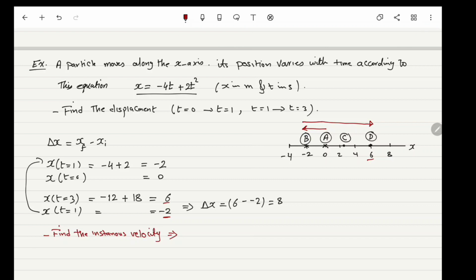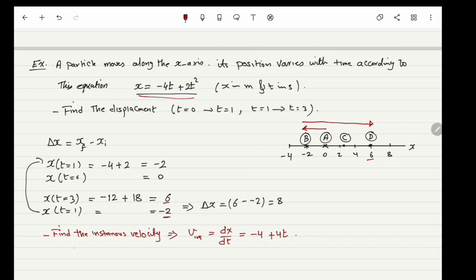Now find the instantaneous velocity. Instantaneous velocity is actually the derivative of x here. So instantaneous velocity equals dx by dt, and if we differentiate this one here, it's -4 plus 4t.